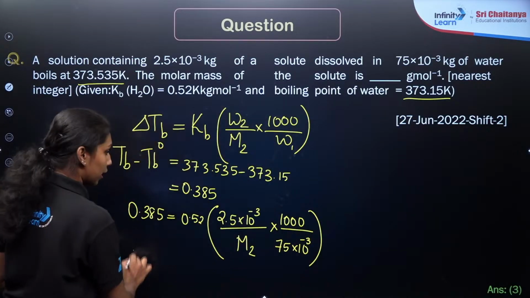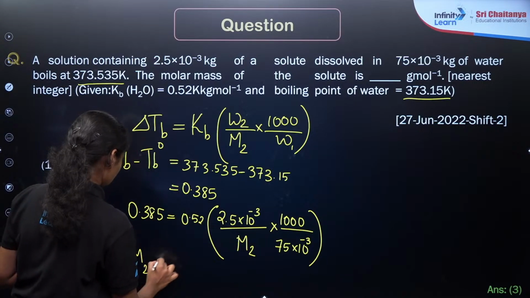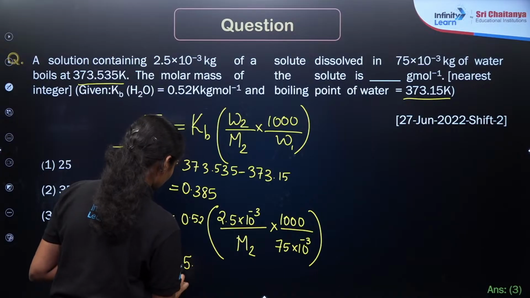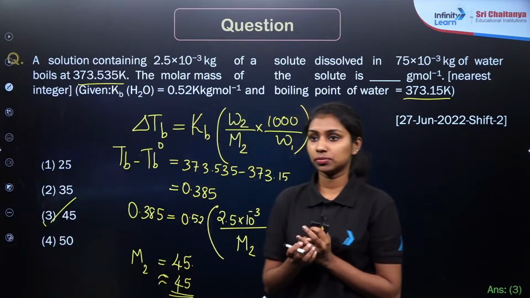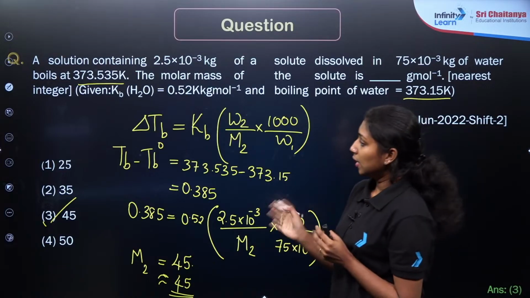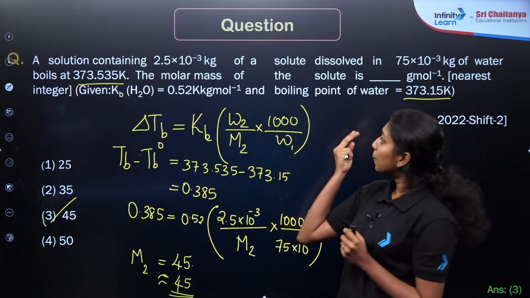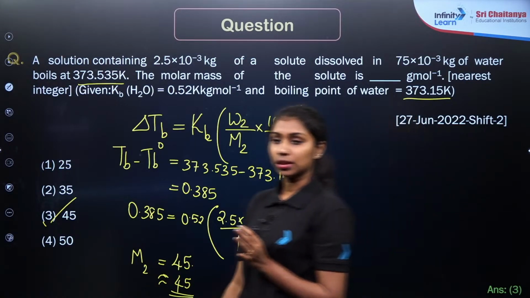If you solve this, you will get M2 as 45 point something; use the nearest integer, M2 is equal to 45. Just do the calculation part. The main thing to keep in mind is that you need to find the molality using the given data, and from there you can identify M2 as 45.